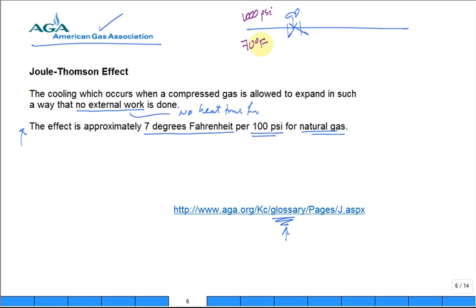You put your hand on it, it's nice, calm, not a very hot day, the natural gas is flowing, 70 degrees F in this pipeline, and they drop it to 100 psi across that valve. If this is true, what's the temperature right here? 0. 0 degrees F.